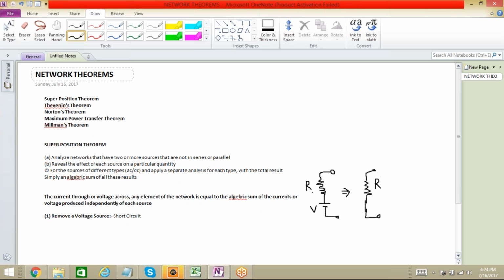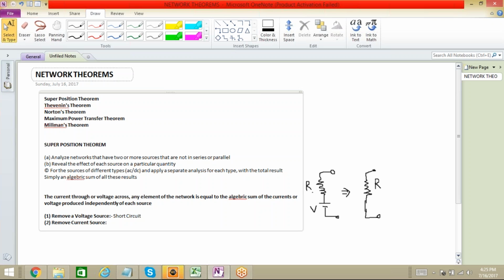In a similar way, if you are going to remove a current source, what you need to do is, whenever you remove a current source from a network schematic, replace it with an open circuit of infinite ohms.